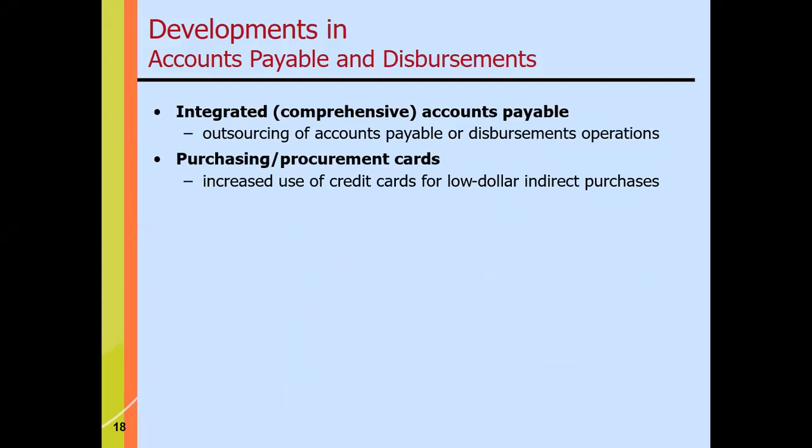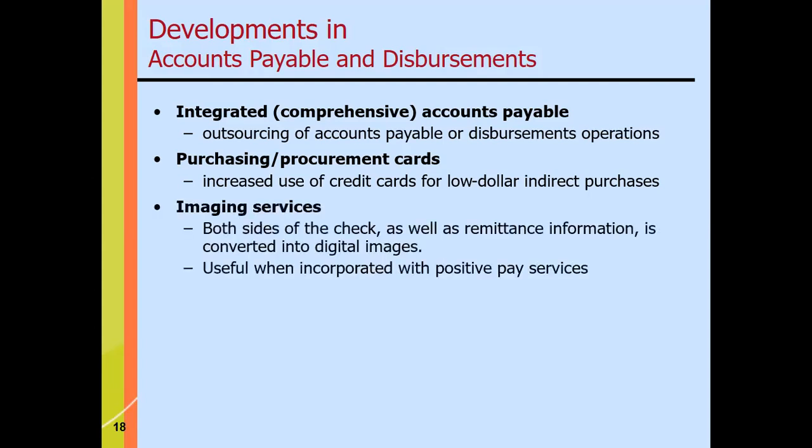That could be another situation. Next would be purchasing or procurement cards. Increased use of credit cards for low dollar indirect purchases. With this, we can actually maximize debt financing. Next, imaging services. Both sides of the check as well as remittance information are converted into digital images. So in that case, that could result in easy transfer of information.